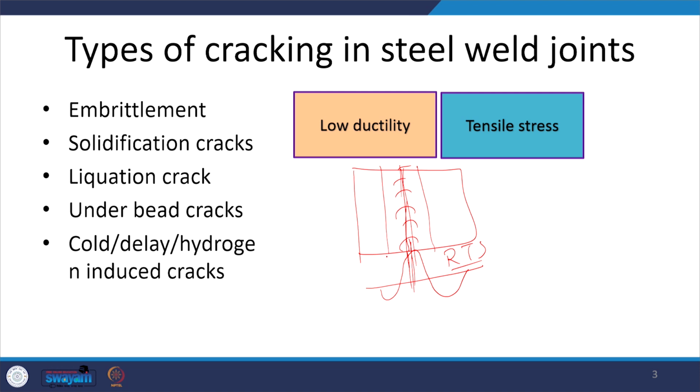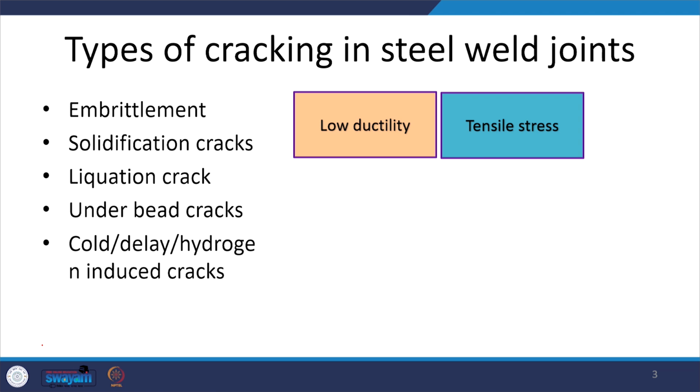Because of these residual tensile stresses, some tensile stress is always present in the fusion weld joint, and coupled with the low ductility, this combination makes the high carbon steel weld joints very sensitive to cracking.